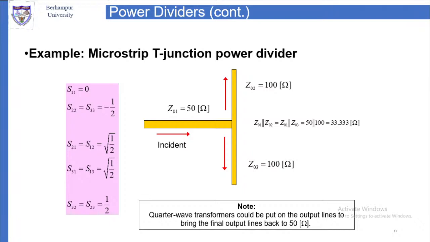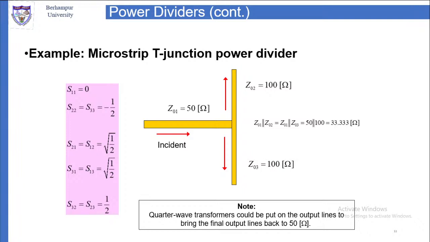This is a simple example in the microstrip form of a T-junction power divider. So we have a 50 ohm transmission line and it is connected to 200 ohm transmission lines. As you know, if I connect 200 ohm resistors in parallel, that will be equal to 100 ohm.